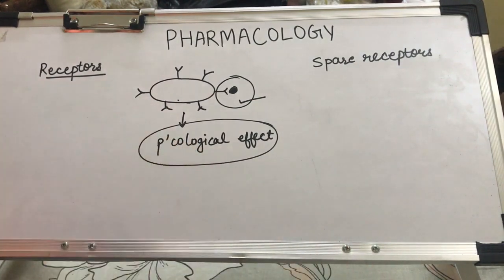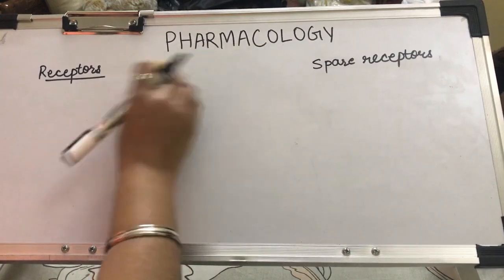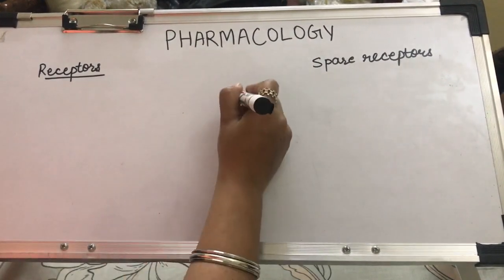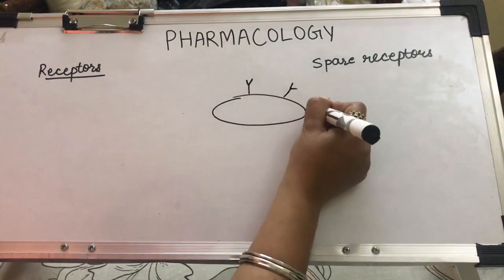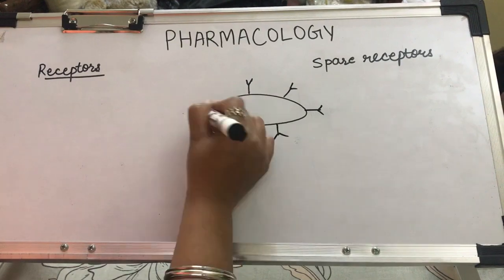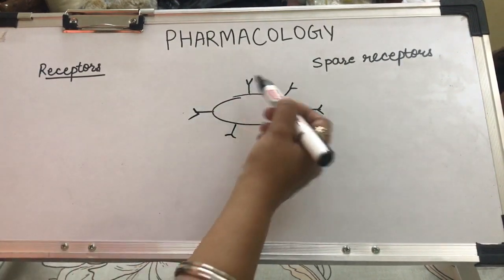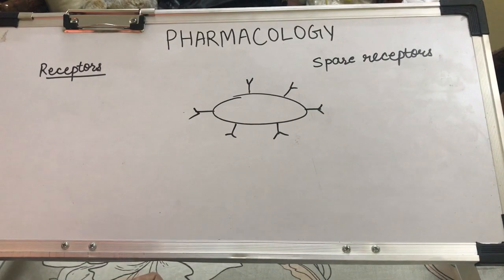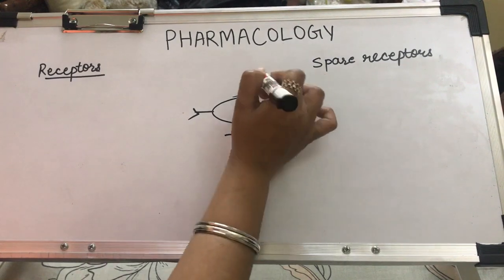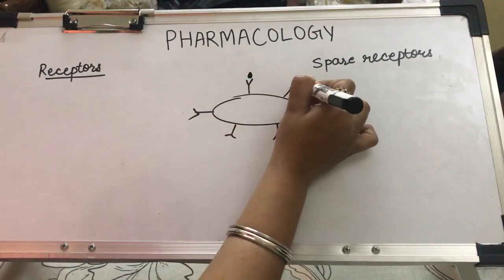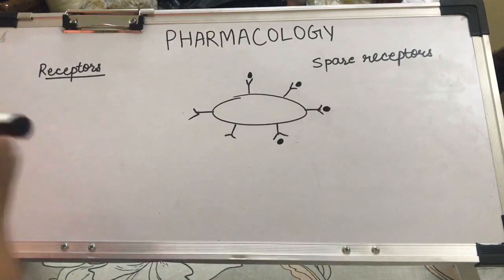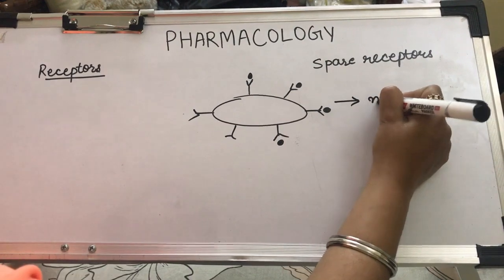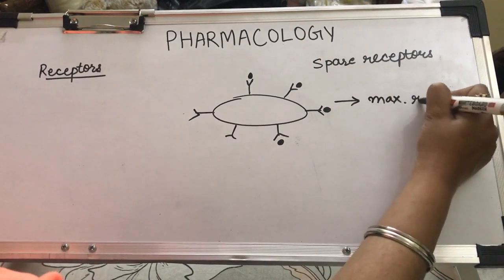For example, there is a cell here, and it has a certain number of receptors, say 1, 2, 3, 4, 5, 6. It has 6 receptors on its surface, and we are giving a drug, and suppose that drug molecule has covered 4 of these receptors and it is giving the maximum response possible.